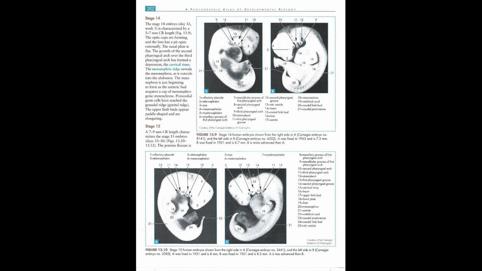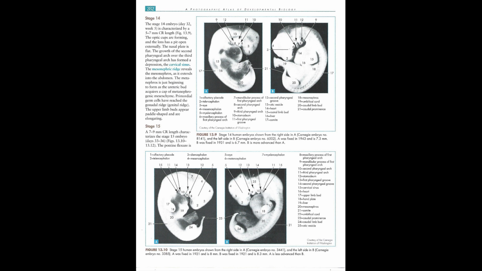The mesenteric ridge reveals the mesonephros, as it extends into the abdomen. The metanephros is just beginning to form as the ureteric bud acquires a cap of metanephrogenic mesenchyme. Primordial germ cells have reached the gonadal ridge, genital ridge. The upper limb buds appear paddle-shaped and are elongating.